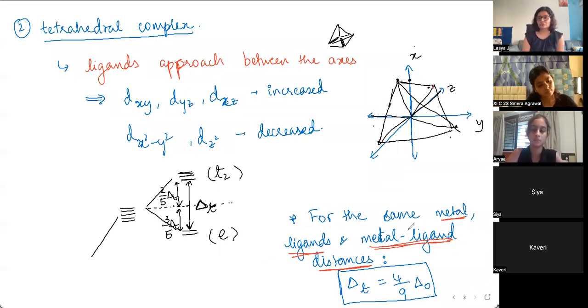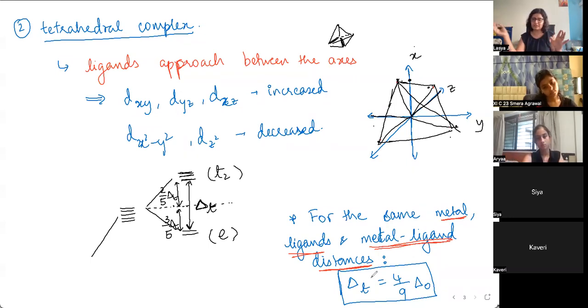So because see, for octahedral, like tetrahedral splitting energy is part of the octahedral splitting energy, right? So usually, because the splitting energy is so low, you will not find low spin configurations in tetrahedral as much as you'd find in octahedral. So more often than not, tetrahedral is always going to be high spin.